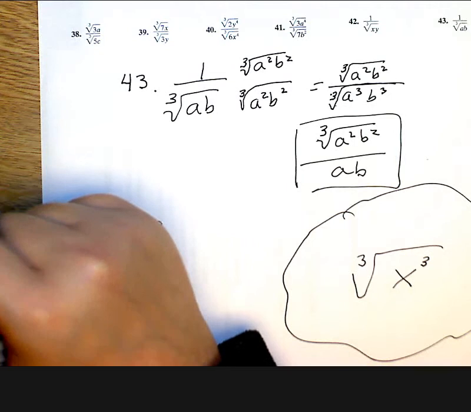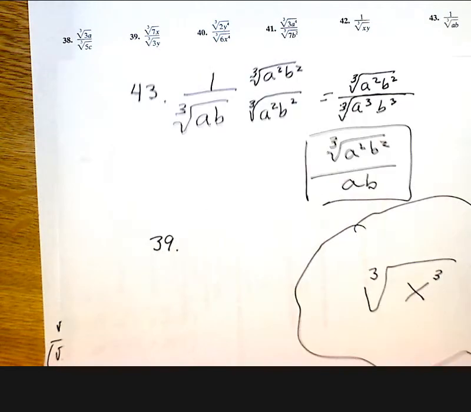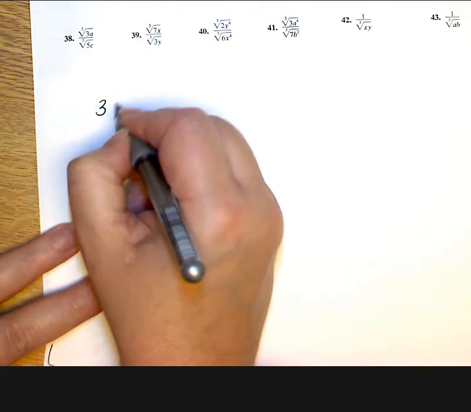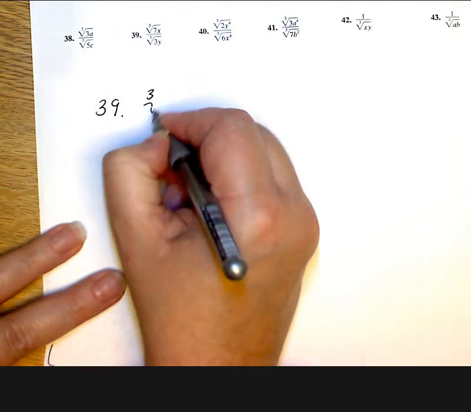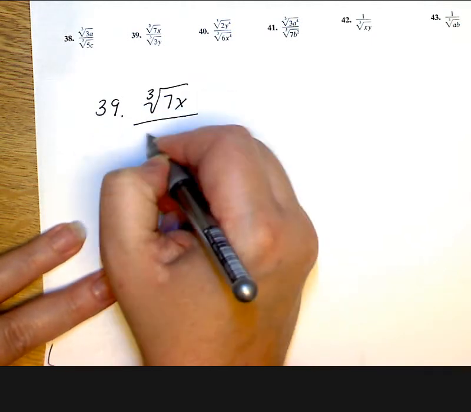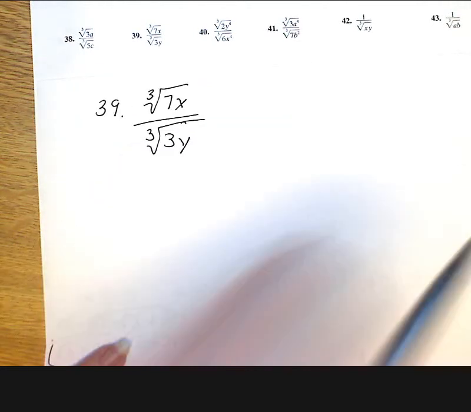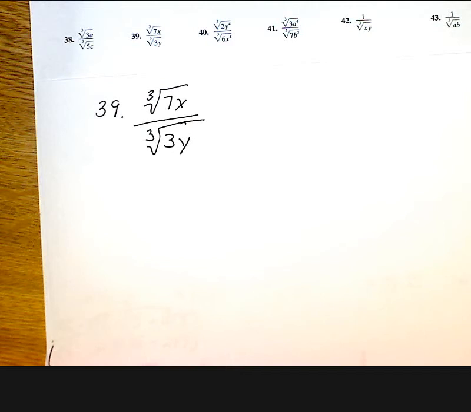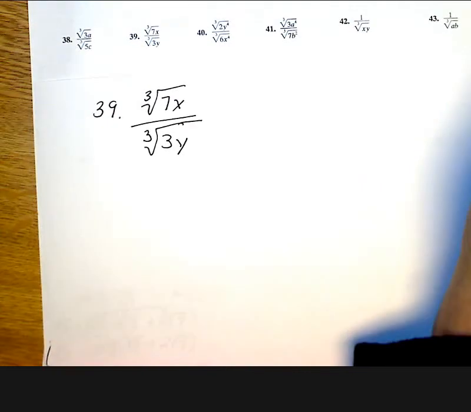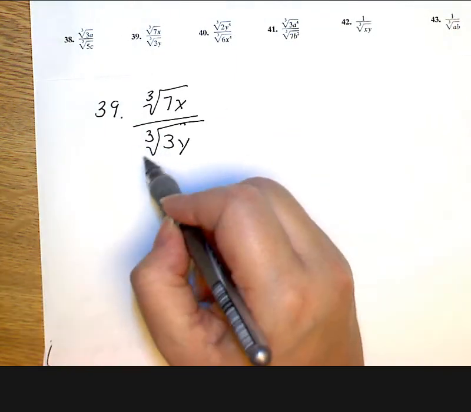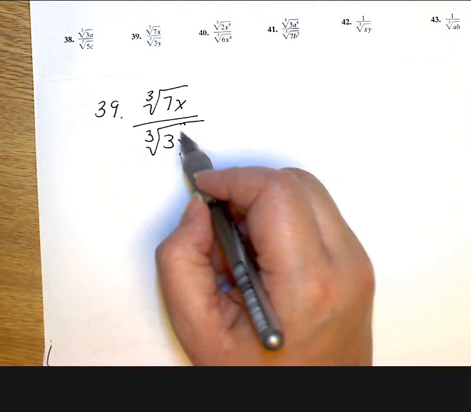All right, let's do 39, but I'm going to do it on another piece of paper. Lucas, what's my goal? I want to get the cube root off the bottom, right. So I have to look for a perfect cube.